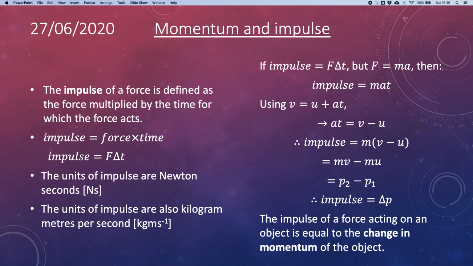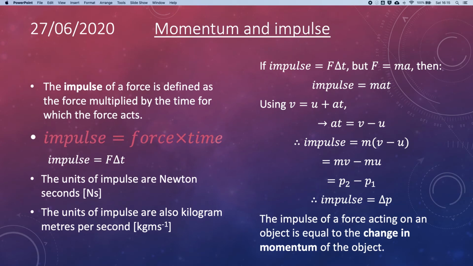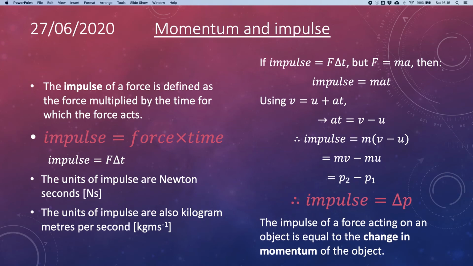Both of them are correct because they're interchangeable. Our two important things then are impulse is force times time. That's our definition for what impulse is. Second important thing is that impulse is the change in momentum of that object. So impulse is force times time, and impulse is also the change in momentum.